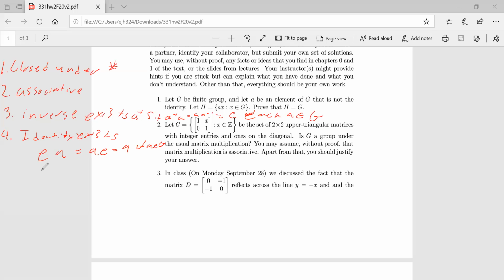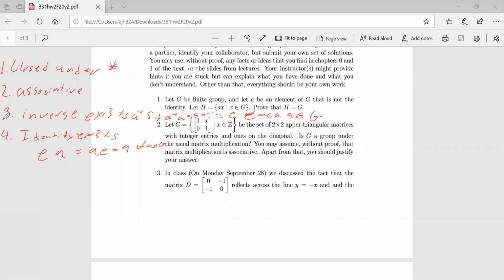Come on, guys. This isn't a hard one. Not x equals 1.